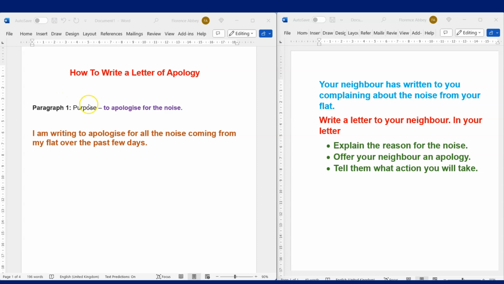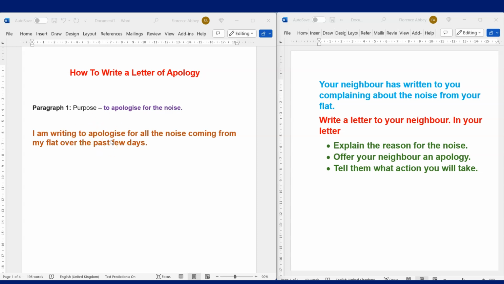So we stated that our purpose is to apologize for the noise. A lot of students make the mistake of missing the reason for the letter, and it's very important for you to include it in order to gain marks. You can just write it in one simple sentence. You don't have to complicate it. So this is an example.